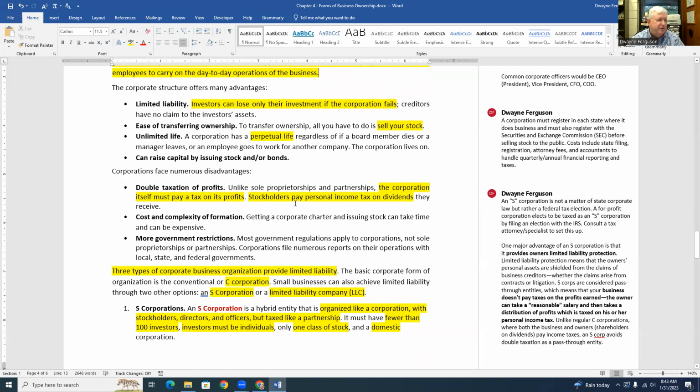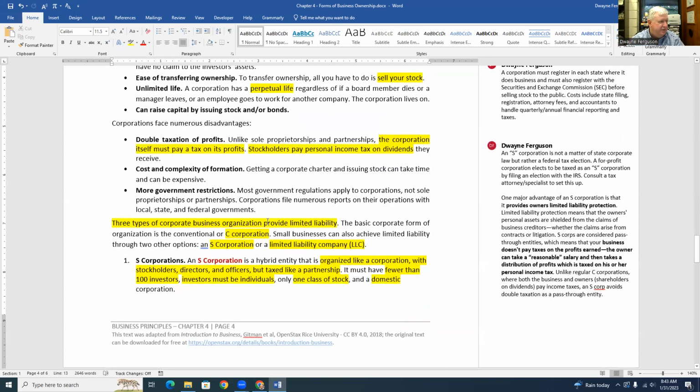But what if you're a stockholder in that company? You are possibly issued a dividend or capital gains at the end of the year, and you're going to have to pay taxes on those dividends. So the taxes have been paid on the profits, then it's issued to stockholders, and then they pay taxes on those profits. So it's double taxation. That is a disadvantage.